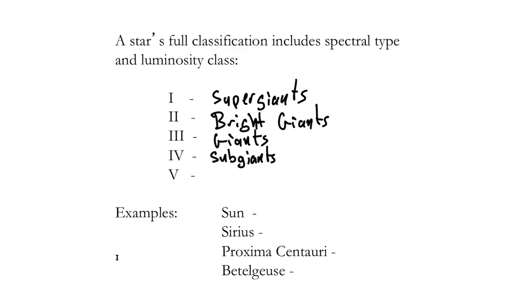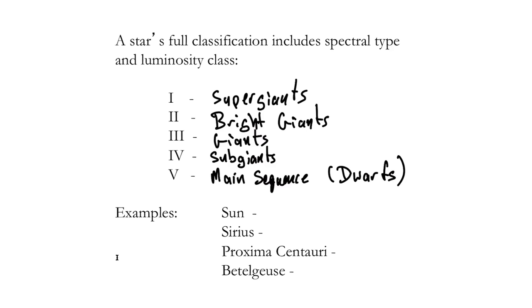And 5s are main sequence stars. And sometimes you'll see these referred to as dwarfs, although not to be confused with white dwarfs, which are well below the main sequence. So that gets a little bit confusing.